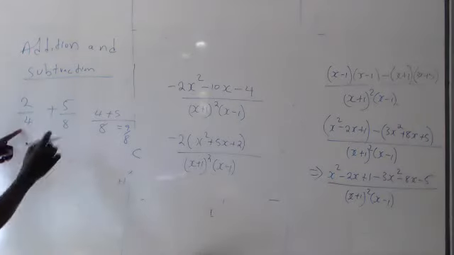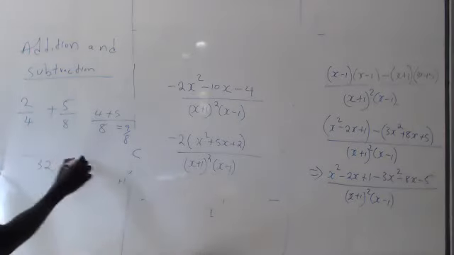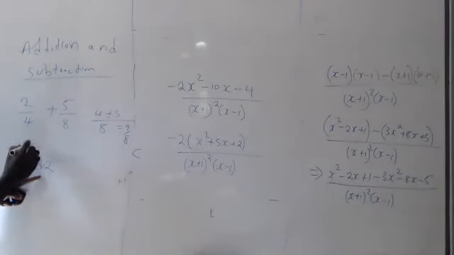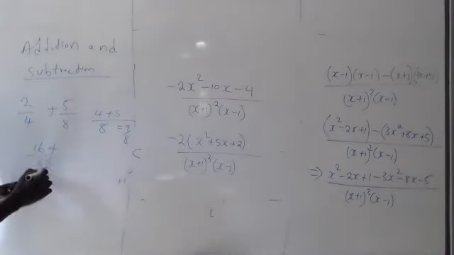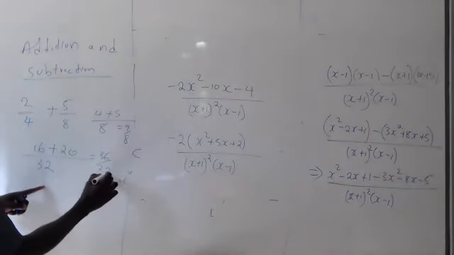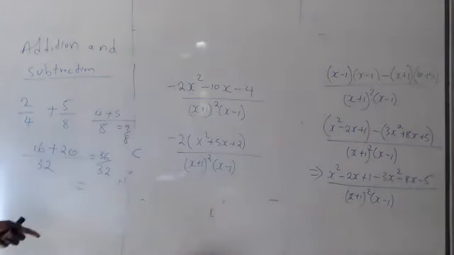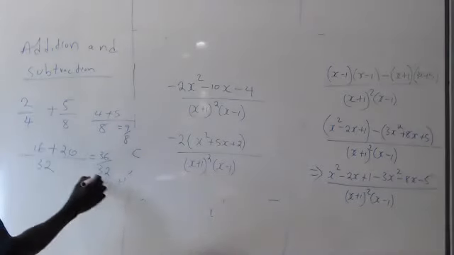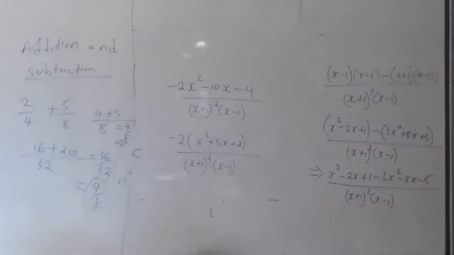The product of 8 and 4 is 32. 4 divides 32 8 times, so 8 times 2 is 16, plus 8 divides 32 4 times, 4 times 5 is 20. So what we have is 36 divided by 32. But these two have a common factor. 4 divides 36, 9. 4 divides 32, 8. So you will still get the same answer, but you'll have to go through the pain of doing another simplification.